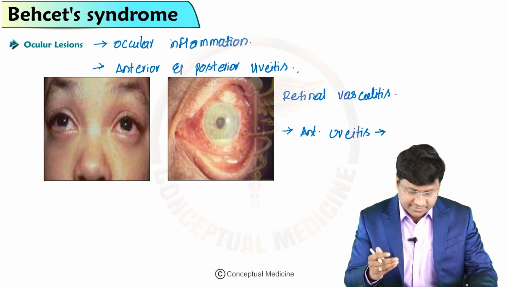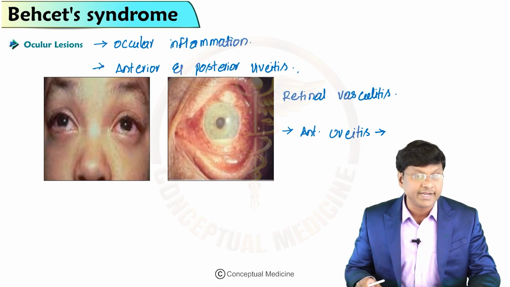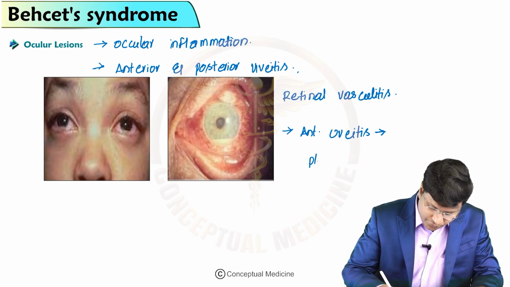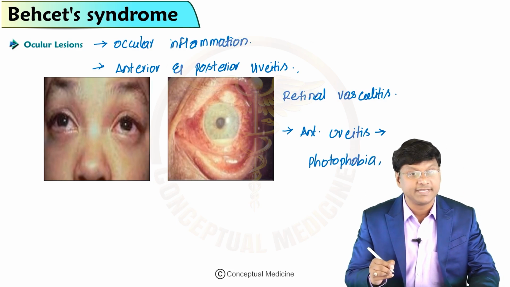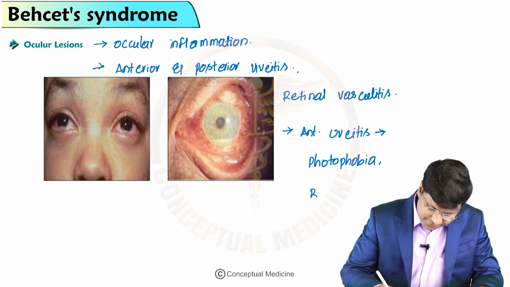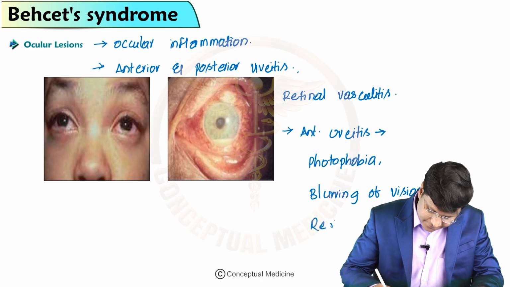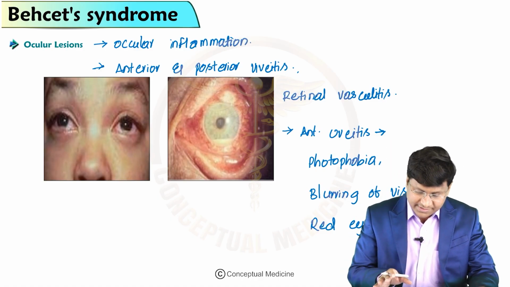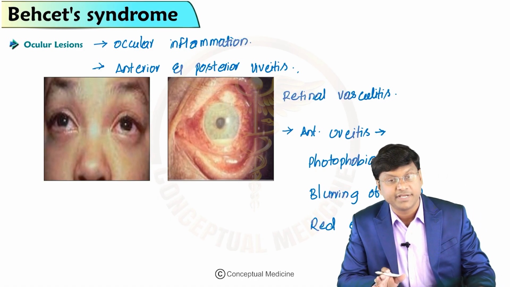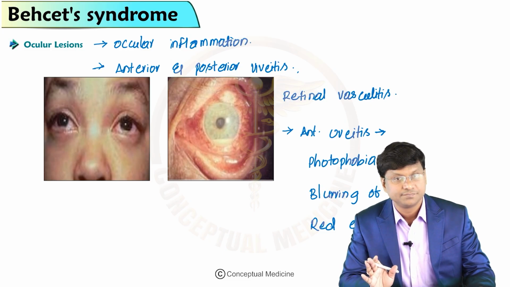So whenever the individual develops anterior uveitis, this will be the triad of manifestations that includes photophobia, followed by blurring of vision, then the development of red eye. So this is the triad that you will see in patients with anterior uveitis.